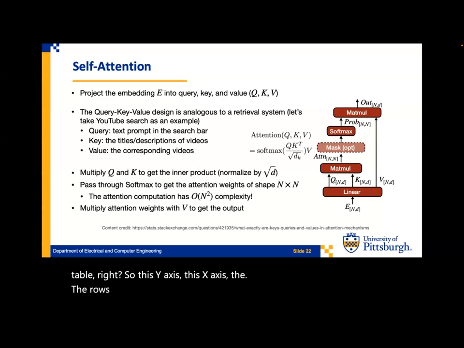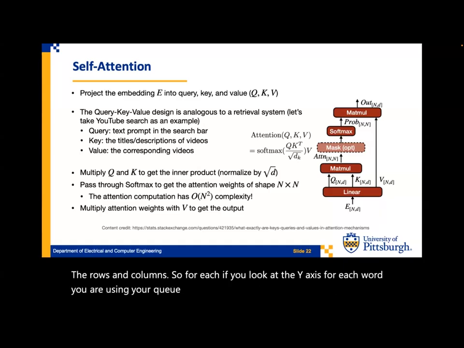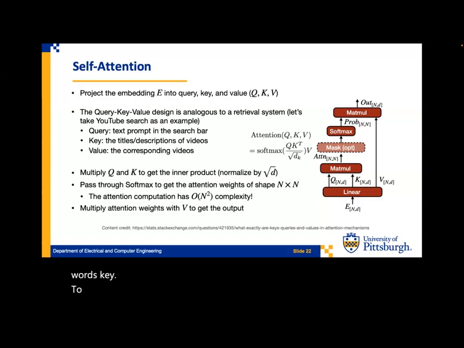For each word on the y-axis, you use your Q to calculate with other words' keys, to see how similar they are, and put the number inside that table. Does that make sense?